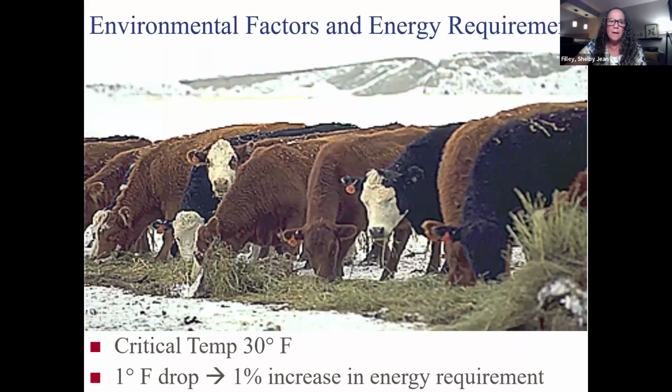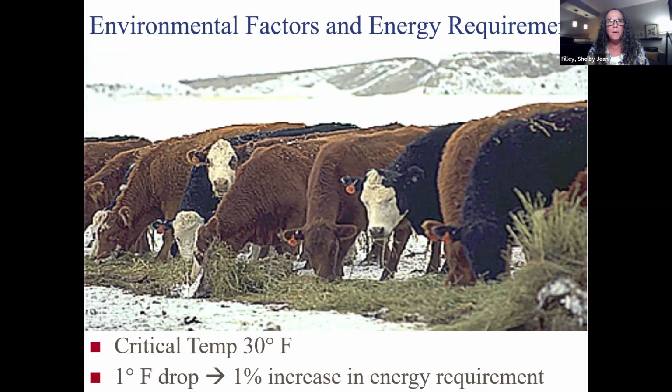All right. Cattle are pretty hardy animals, and when it's really cold outside, they're pretty tough. At the critical temperature, anything 30 degrees or above, they're able to stay warm. Once it starts getting below 30 degrees, you want to increase the energy that you're giving to those animals. Every 1 degree Fahrenheit below 30 degrees, you're going to want to increase the energy content of the diet by 1%.